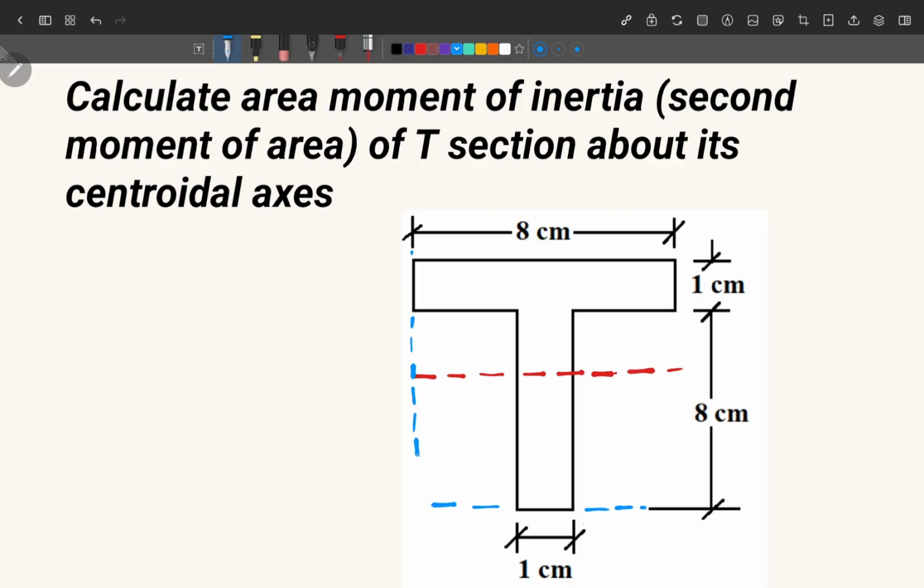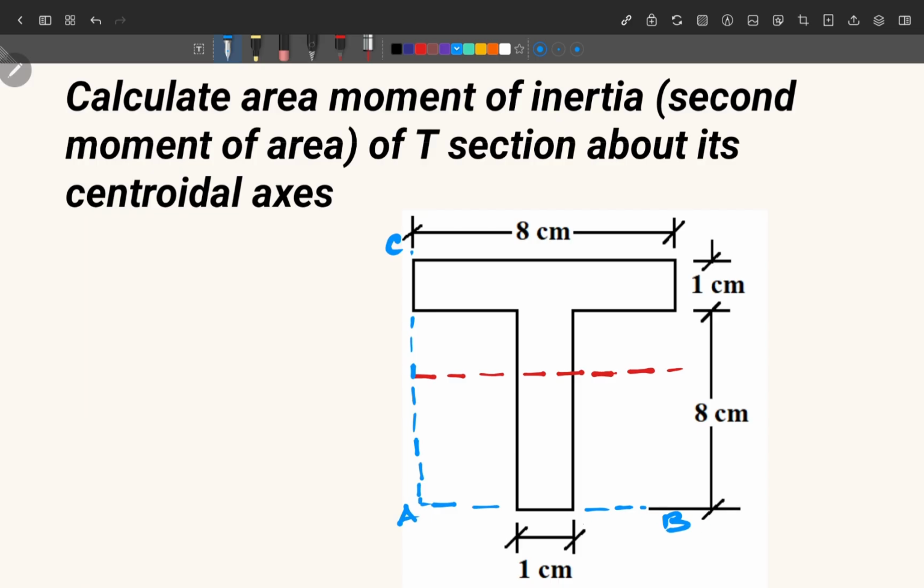This is our vertical reference line. Suppose this is point A, this is B, and this is point C. So AB is our horizontal reference line, and AC is vertical reference line. Distances in the vertical direction will be measured along this AC.